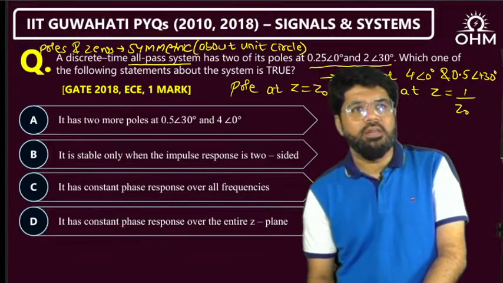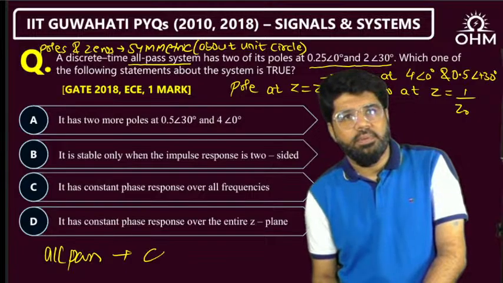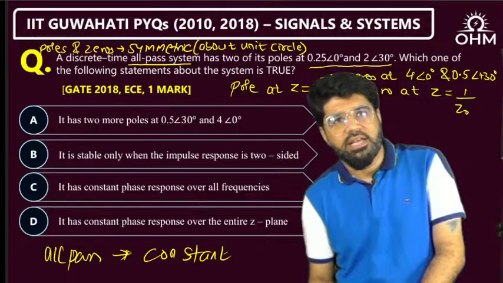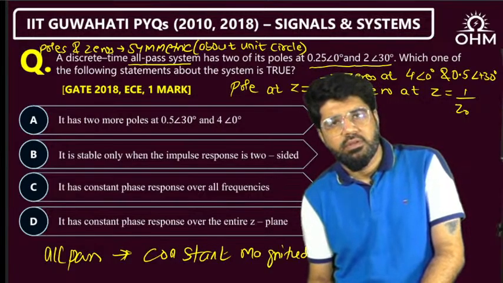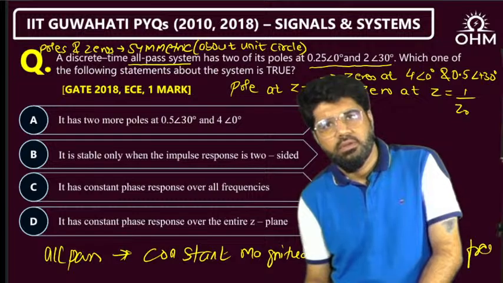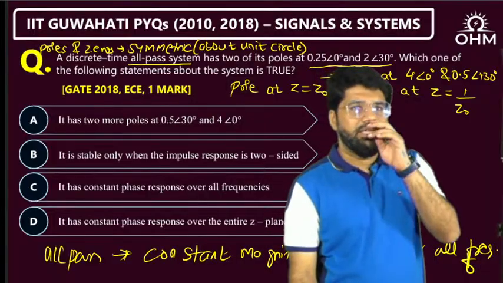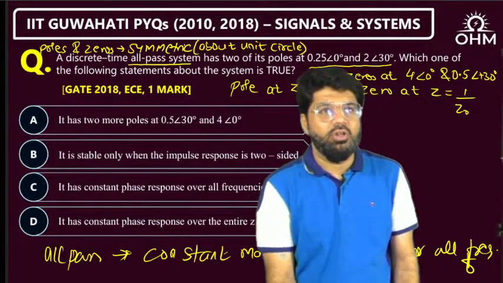When I say all pass system, it does not have constant phase response, it has constant magnitude response for all frequencies. So C and D are also wrong.